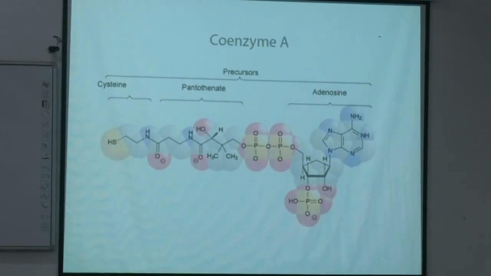They together are called coenzyme A. This is a nucleotide, then one pantothenic acid, an organic acid, and then one amino acid, cysteine, with SH. Three parts: adenosine plus pantothenate plus cysteine.